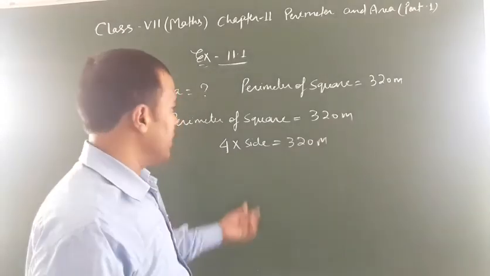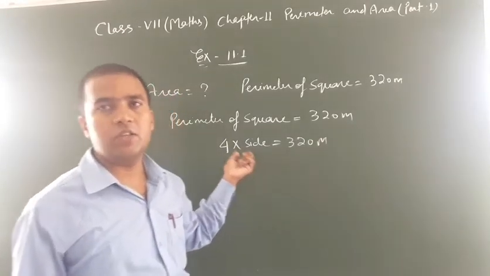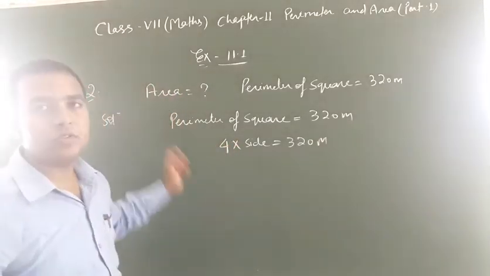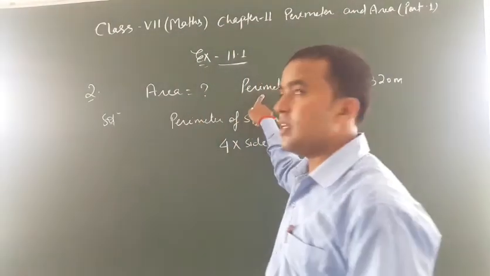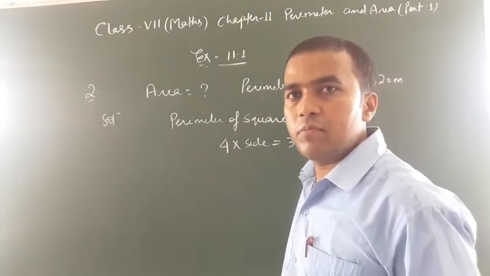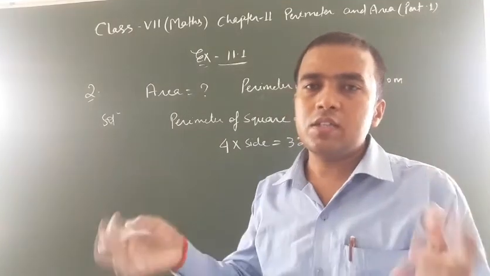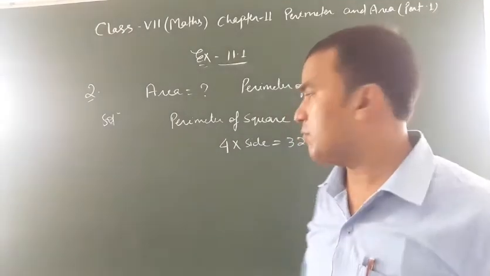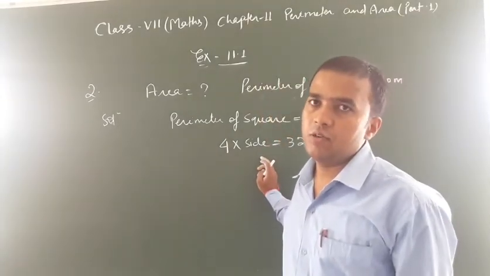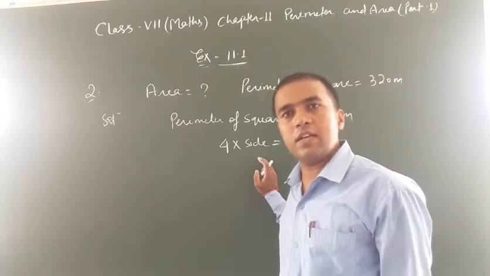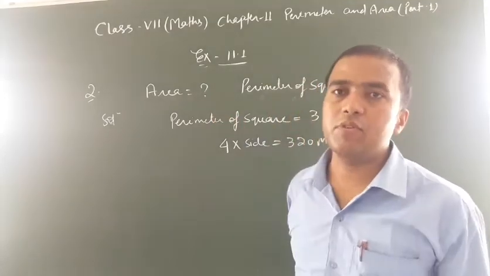Why are we finding the side value? Because we know that area of square equals side into side. In this question, the perimeter is given, which means we have no side value. So first of all, we will solve for the side. When we get the side value, then we can find the area of the square.